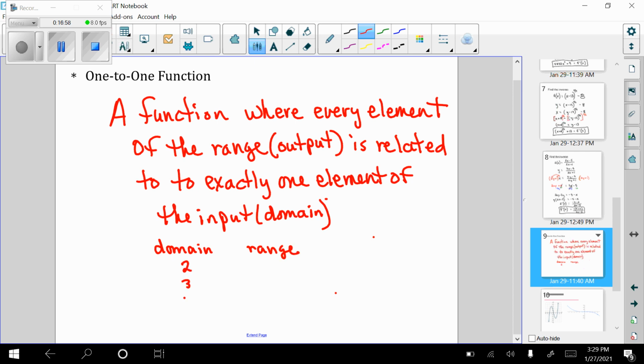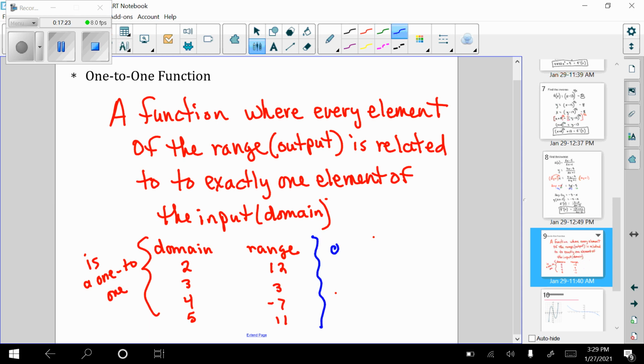So if I have 2, 3, 4, 5, and I have 12, 3, negative 7, 11, so this would be a one-to-one because my range values don't repeat. An example of one that's not a one-to-one: 2, 3, 4, 5, and let's just go 7, 7, 8, 2.